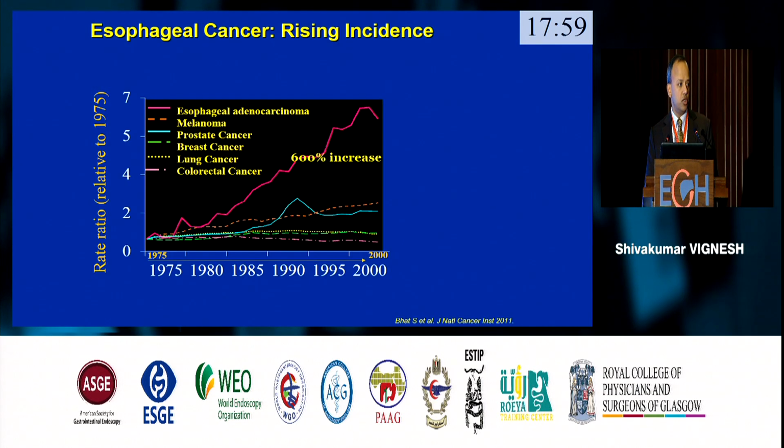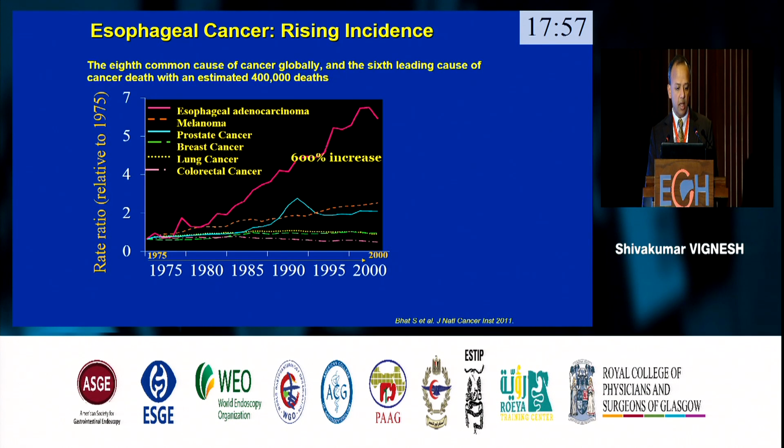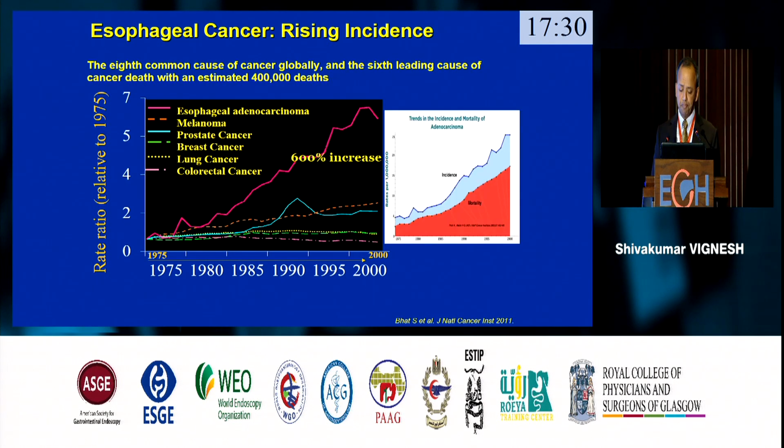So esophageal cancer is rapidly rising, and globally, we have squamous cancer, which is more common, but together they are the 6th leading cause of cancer death. Here, I'll focus on esophageal adenocarcinoma in the context of Barrett esophagus. As you can see in this graph, this pink line represents the rapidly rising incidence expressed as a rate ratio, and it's rather dramatic when compared to some of the other cancers listed over this 25-year period.